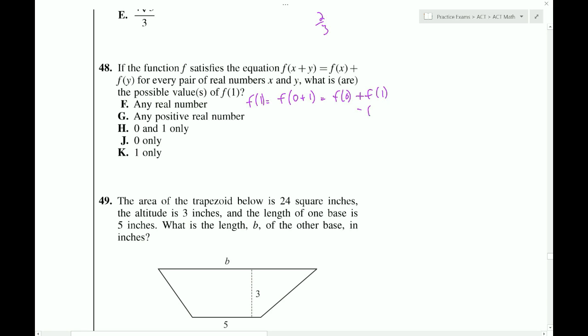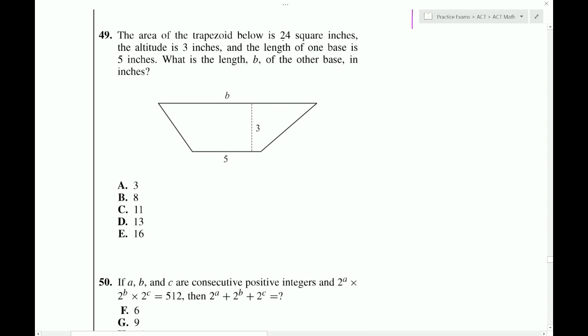Then you can subtract f of 1 from both sides, and you learn that 0 equals f of 0. So it must be the case that you go through the origin for this linearity condition. That's really the only thing that's demanded. But the value at x equals 1 could be as high as you want it to be. There's really no restriction on that, so I claim that it's any real number.